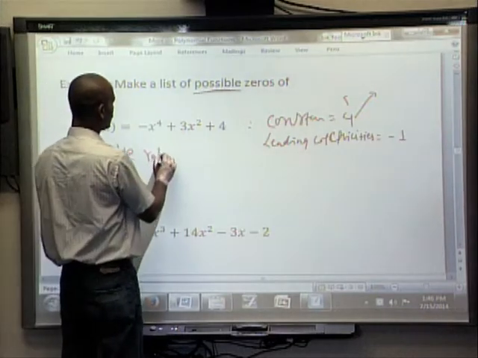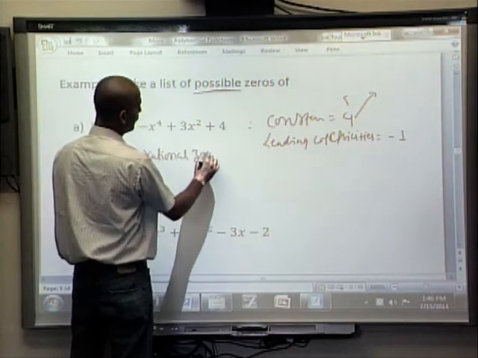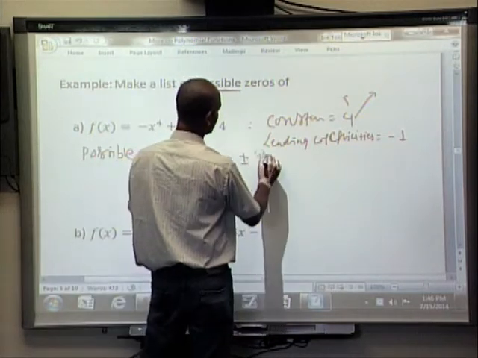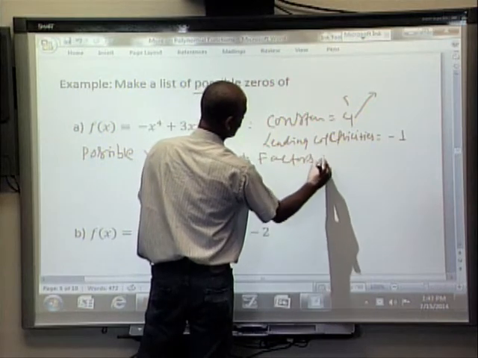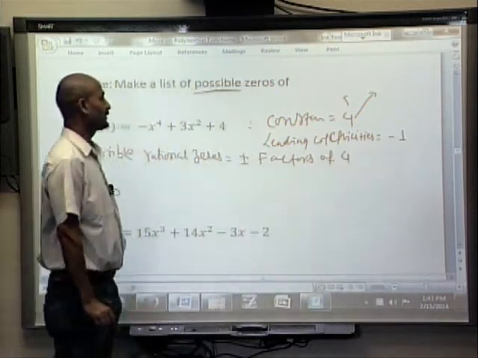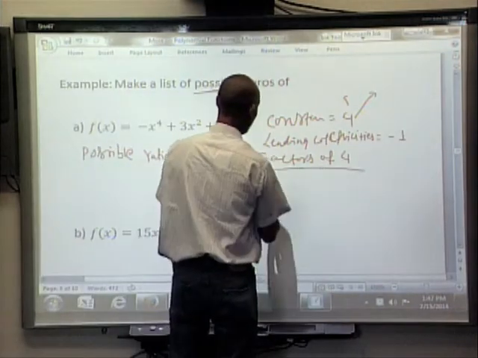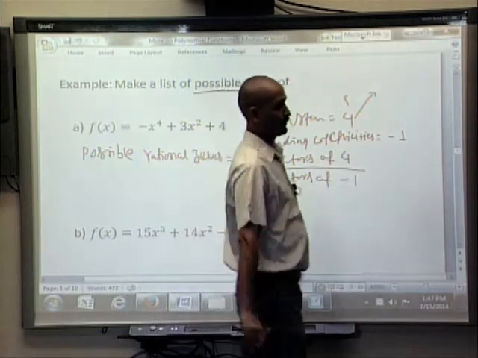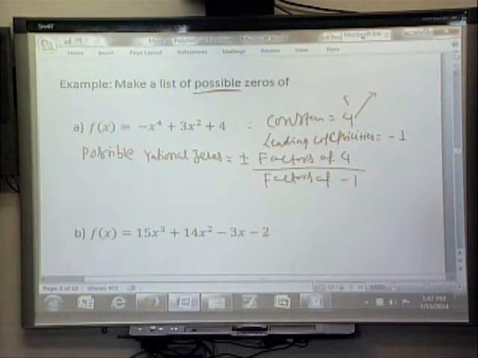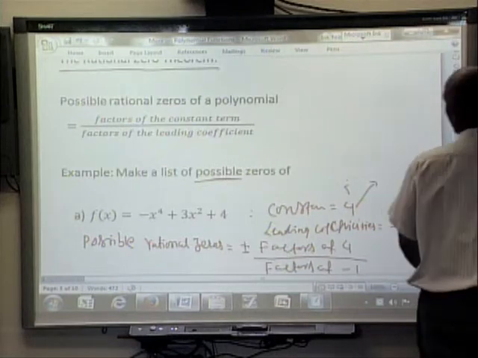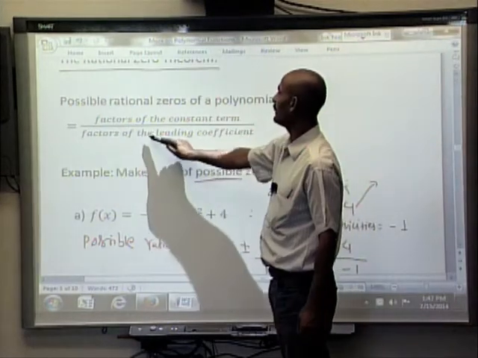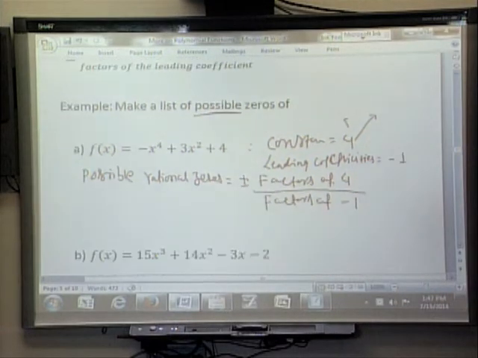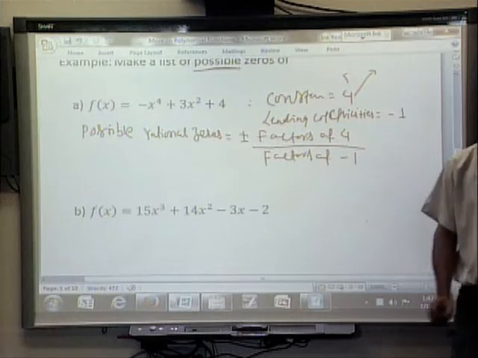Possible rational zeros should be, in fact you can take plus minus factors of 4, the factor of the constant, divided by the factors of -1. So, according to the rational zero theorem, possible rational zeros are the factor of the constant divided by the factor of the leading coefficient. So, for this example, factor of 4 divided by factor of -1.